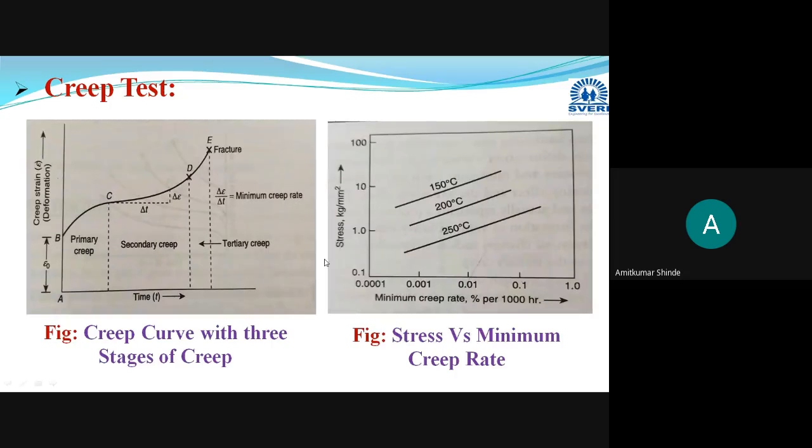Here in the first diagram, at the end of this creep test, you will get this kind of curve. As time passes, at a fixed interval of time we take the readings related to the deformation, or the creep strain, and that is plotted on the y-axis. On the x-axis we take the time, and one curve is obtained.